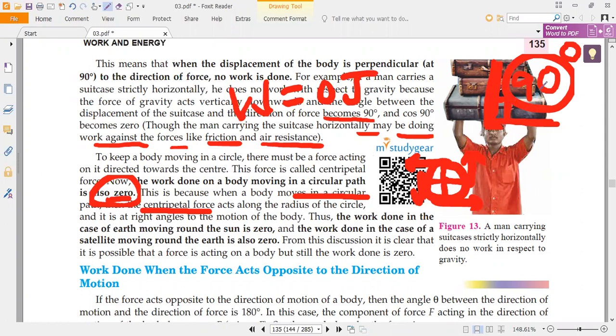Cos 90 is 0, so for the man carrying the suitcase on his head, with no displacement, the applied force and the motion are at 90 degrees, so work done is 0. Clear, everybody?